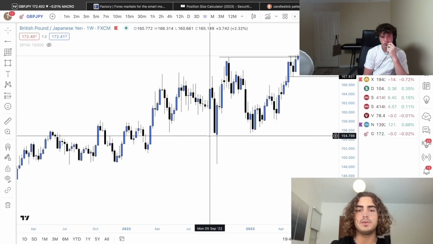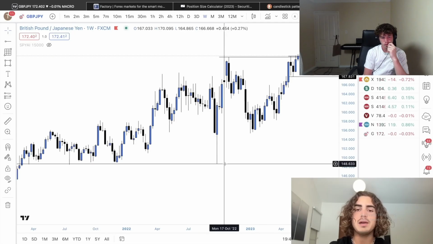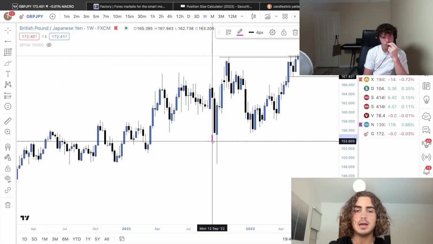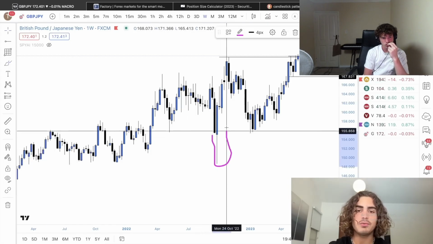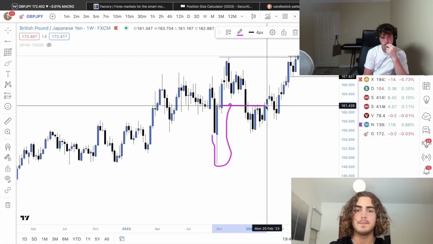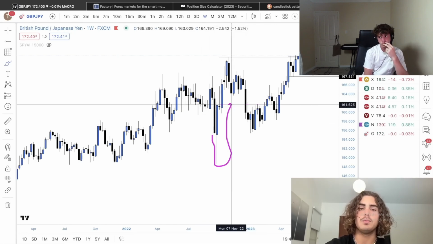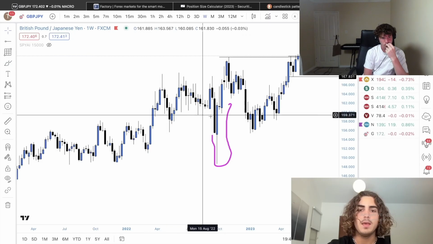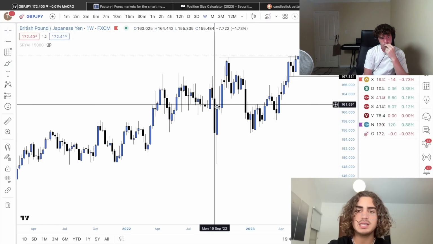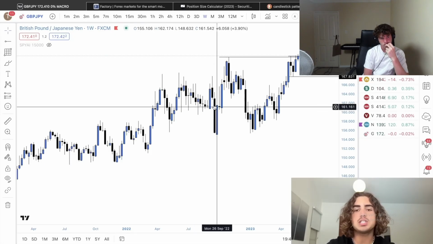So this candle, for example, we get a strong rejection to the downside. Price opens down here, comes all the way down here, and then rallies all the way back up to this point and closes up here. That is a very, very strong bullish candle. Massive wick to the downside, tiny wick to the upside, meaning it closed almost as bullish as it could have.